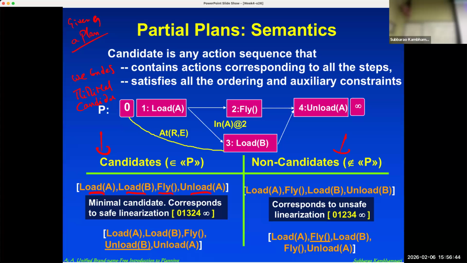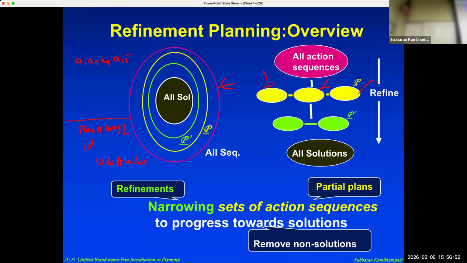That would be the solution check. So you could think of refinement planning as starting with a big set of candidates and changing the constraint set until the minimal candidates of the current constraint set, at least one of them, corresponds to a solution.